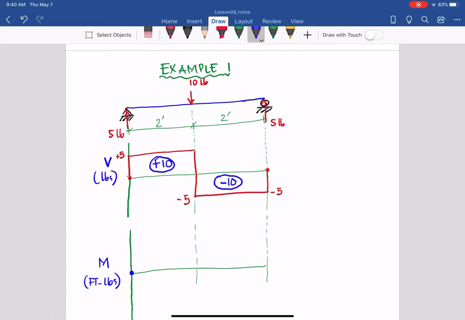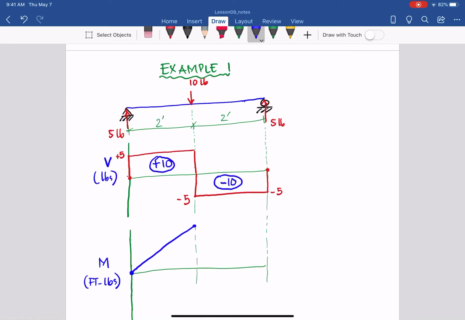And the change in moment is the area under the shear curve. So as you can see, you can move from the left to the middle. The area under the shear curve is 10 foot-pounds. So that equals the change in moment from the left to the middle. And it's positive, so it goes up. Positive 10, so it goes up in there.